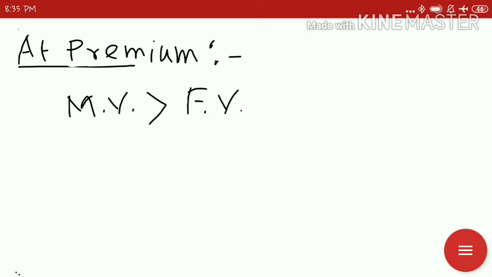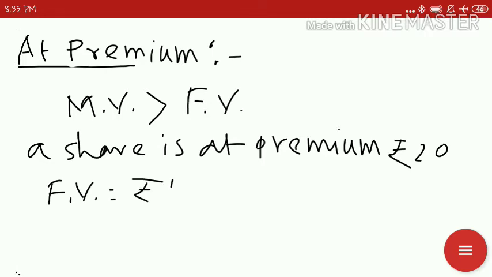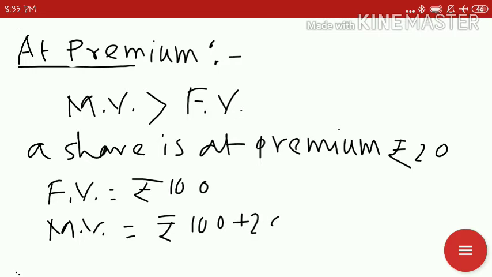First, if the premium is given in rupees, suppose it is stated that a share is at a premium of rupees 20. That means if the face value is rupees 100, then the market value will be rupees 20 more than the face value, that is rupees 100 plus 20, which is rupees 120.